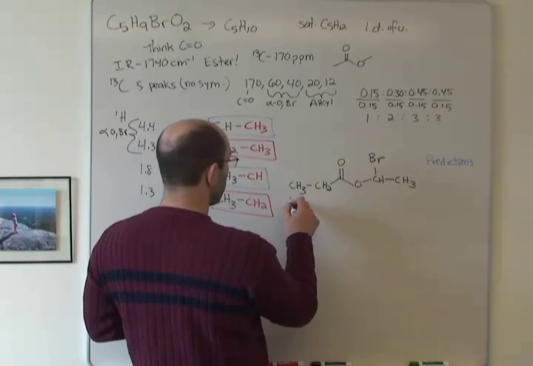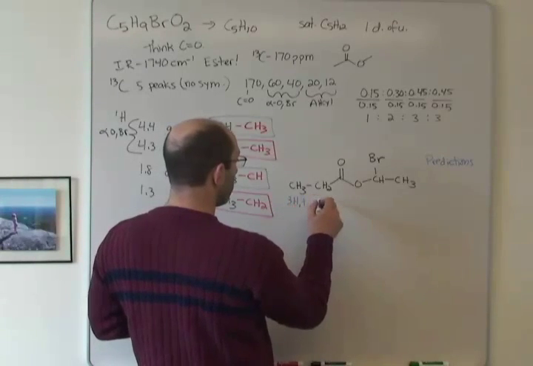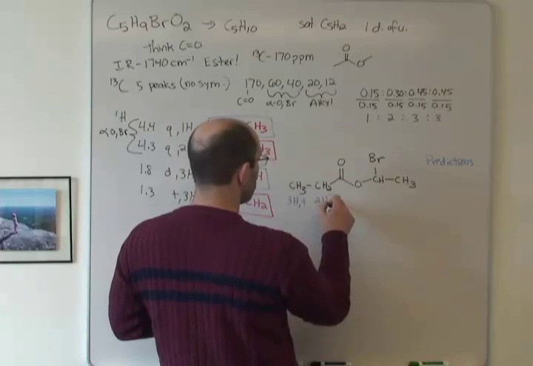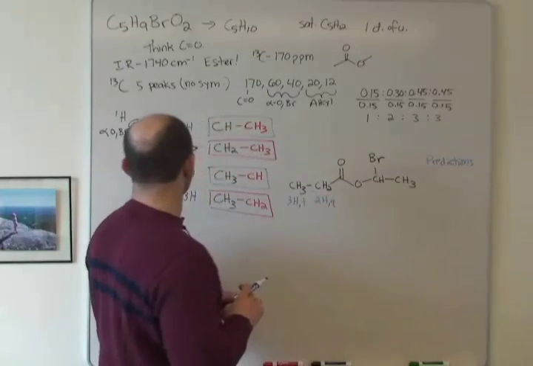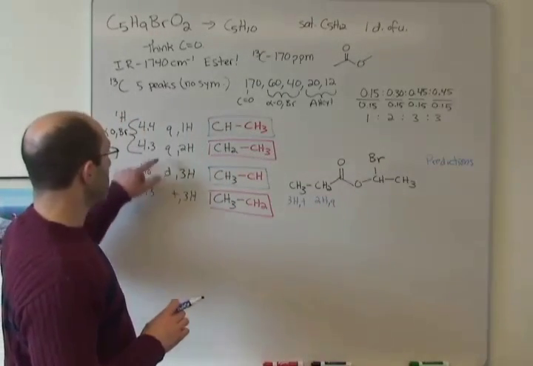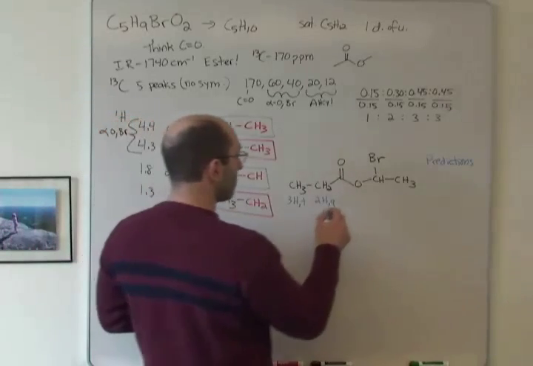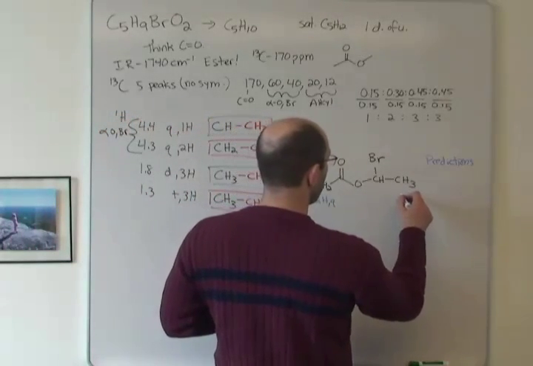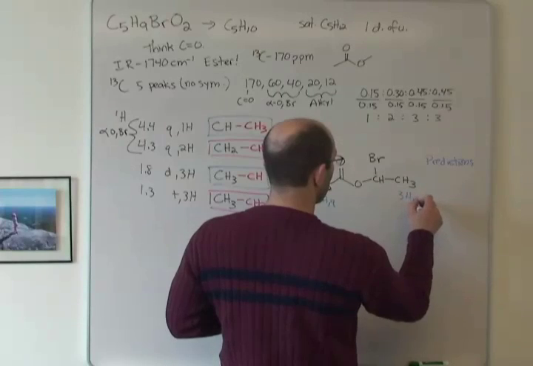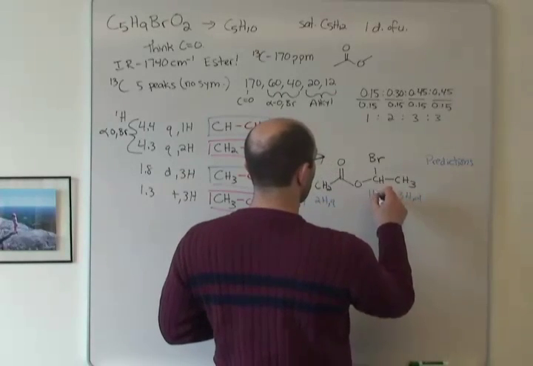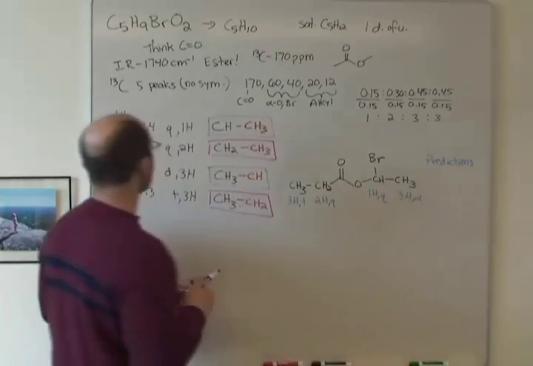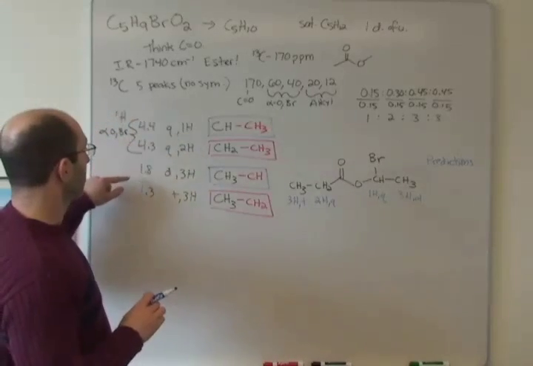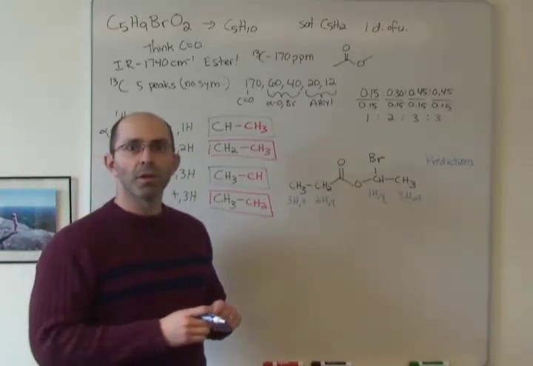This is going to be a 3H triplet, and this is going to be a 2H quartet. We're going to have a 3H doublet, and we're going to have a 1H quartet. That all looks good, right?